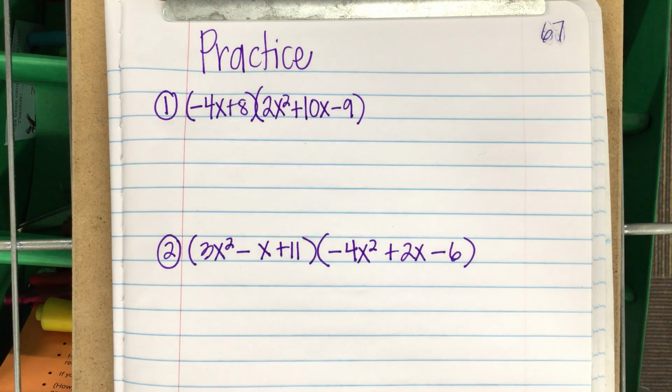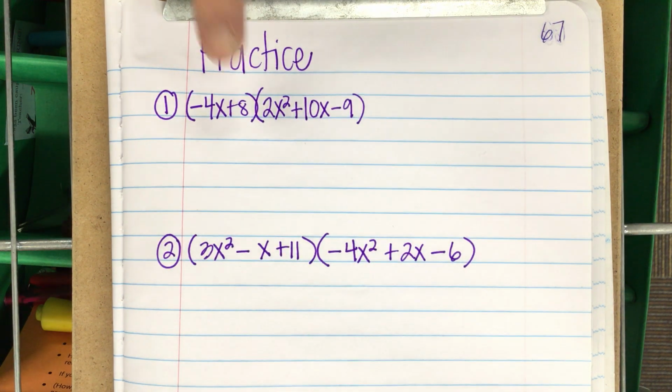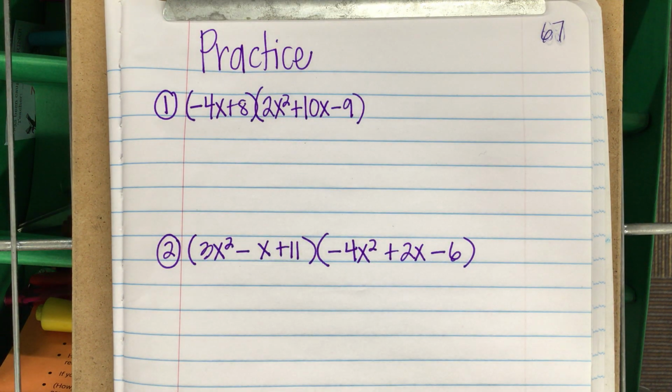Again, you can distribute, you can double distribute. This is a double distribution problem because it's a binomial. So since there are 2 terms, you're going to distribute twice. Or if you wanted to draw a grid, since it's a binomial times a trinomial, you would draw a 2 by 3 grid.